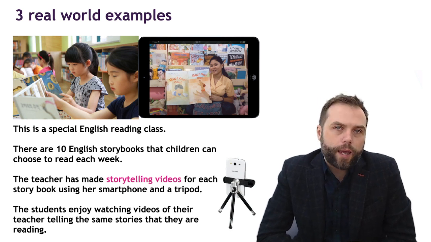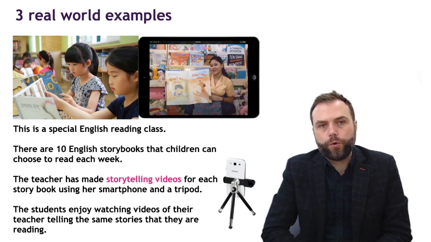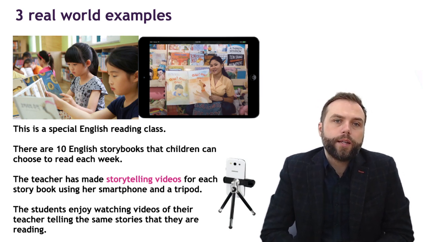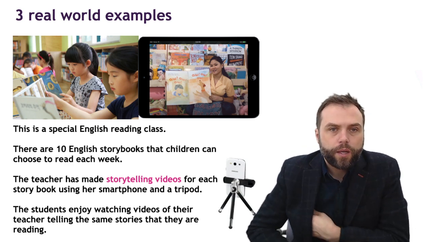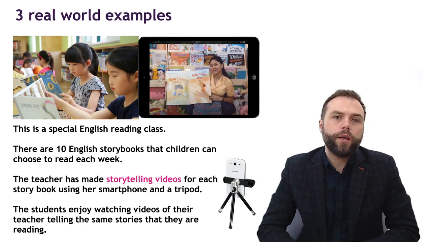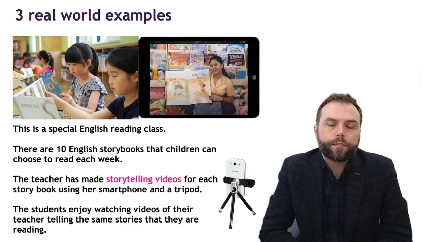So in this case, the teacher has made storytelling videos. There are 10 storybooks in this reading class, and students can choose different storybooks each time. But every time they choose a storybook, there is a video that's been made with the teacher telling the story.